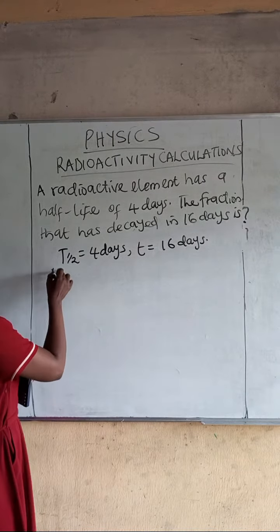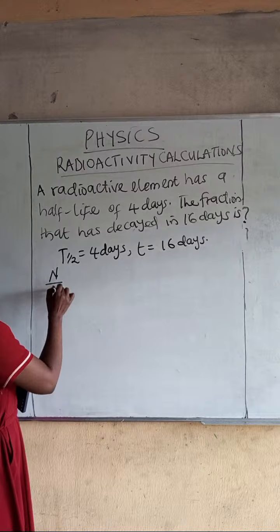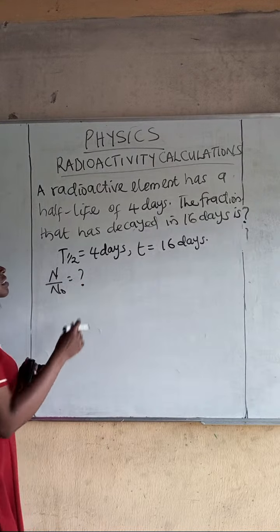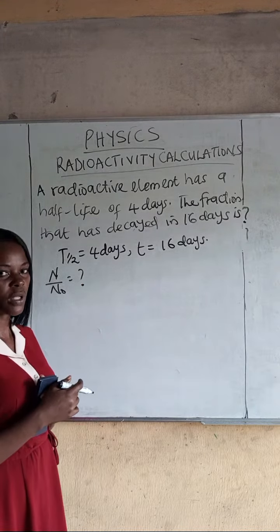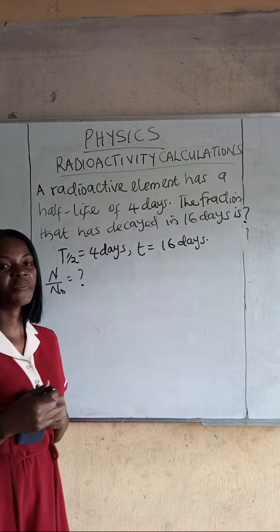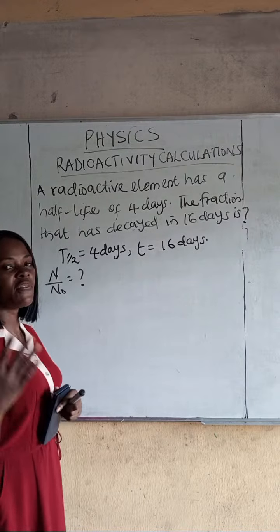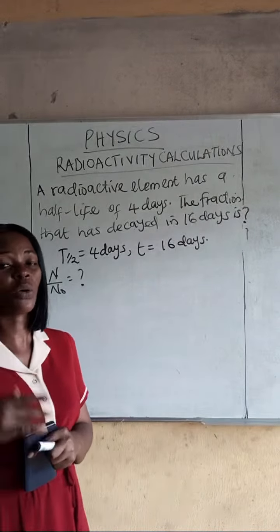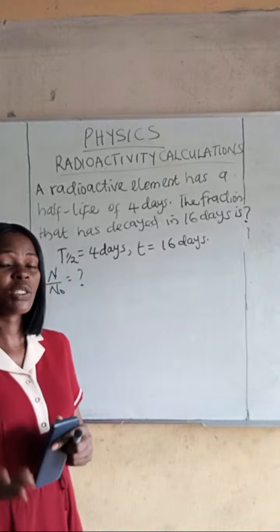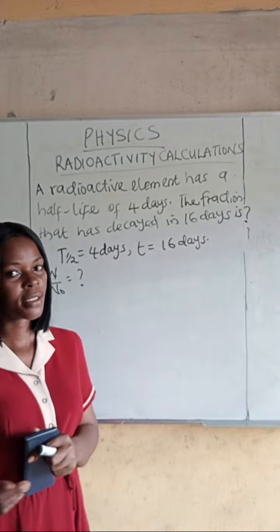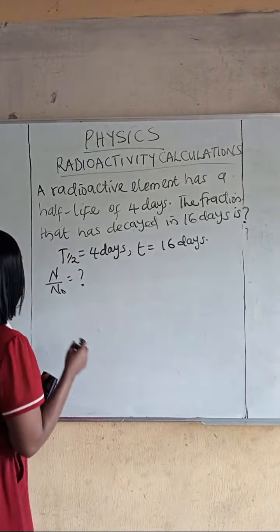You're looking for N over N naught. That is the fraction that you're looking for. You're looking for this fraction that has decayed. So the first thing we need to do is get the fraction that was remaining. Then we can subtract to get the fraction that has decayed. So let's dive into it.